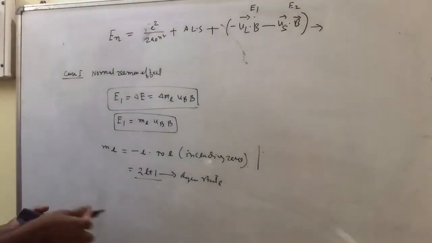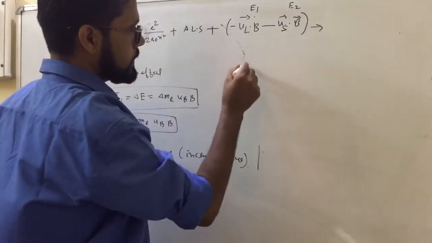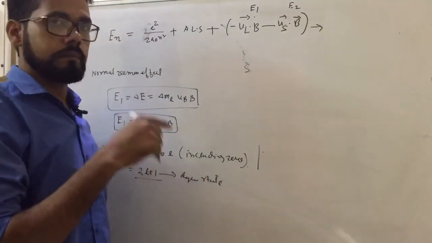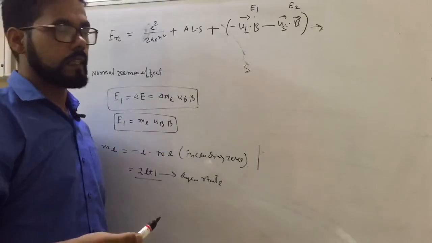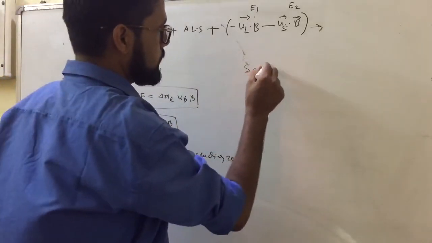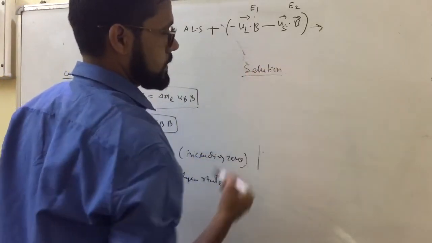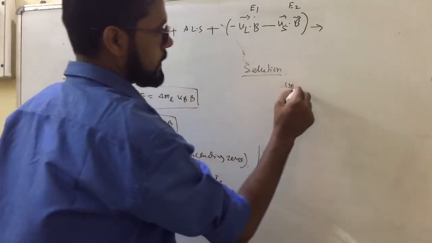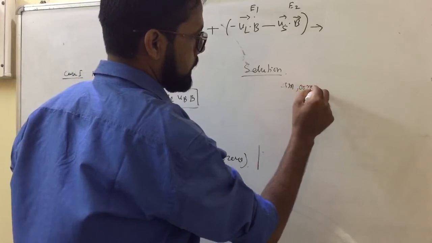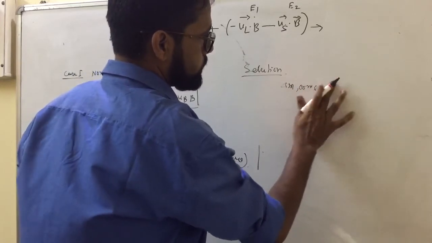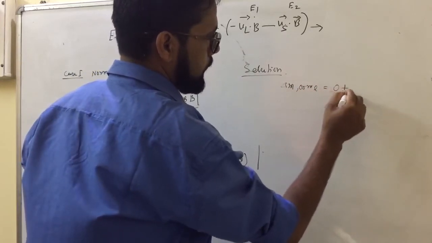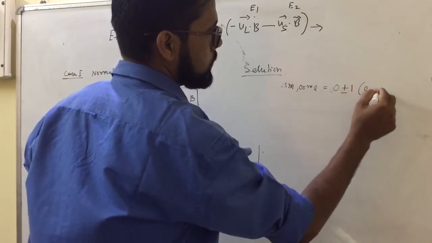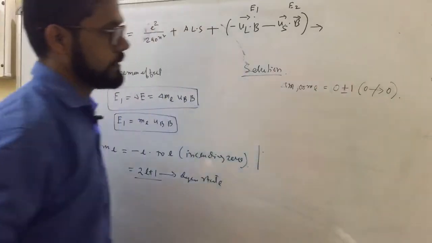Now the selection rule in the normal Zeeman effect. This is not related to paramagnetism, yet I am giving the basic idea so that you can easily understand paramagnetism. Selection rule for the normal Zeeman effect: del M, or del ml, is equal to 0, plus or minus 1. 0 to 0 is not allowed. Remember.